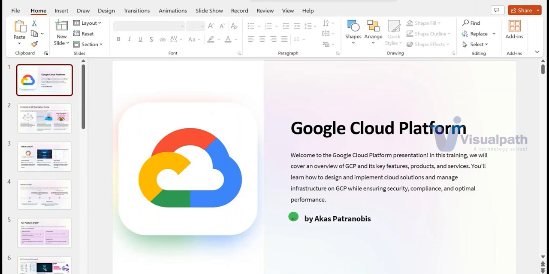So we have two aspects. Let me start first with the GCP admin related course, and what we will help you teach and learn in this course.